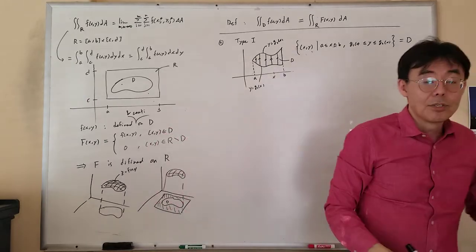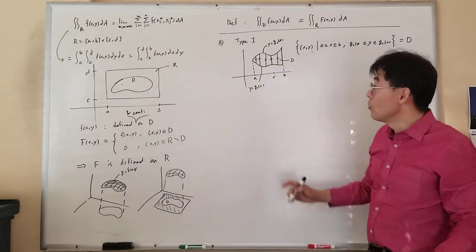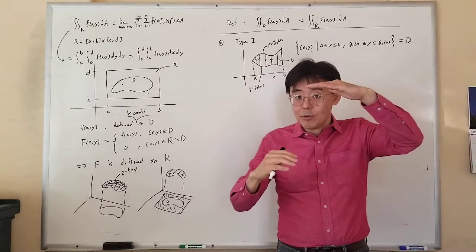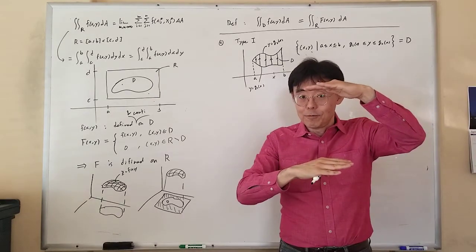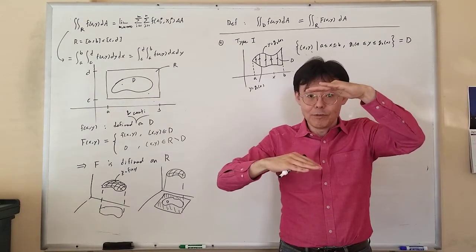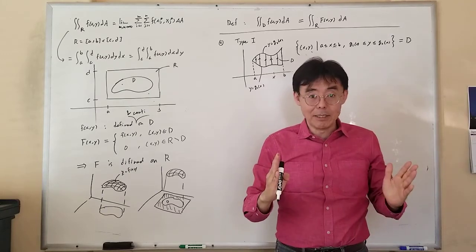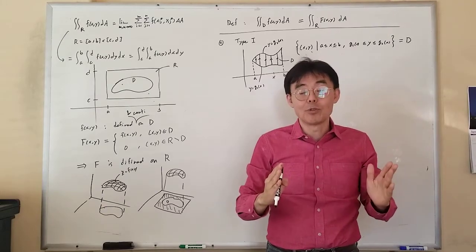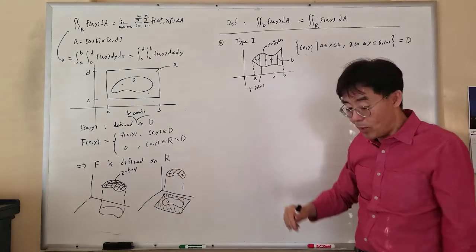So if you can describe a domain as the region between two functions, g1 of x and g2 of x, between x equals a and b, if you can write your domain like that, we call it a type 1 region.